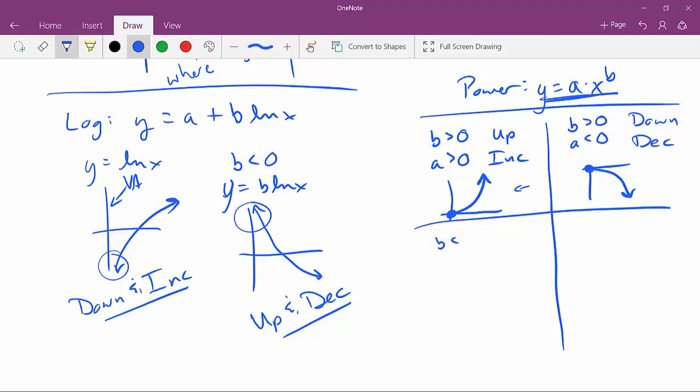If b is less than 1, but greater than 0, and if a is greater than 0, we have concave down and increasing.